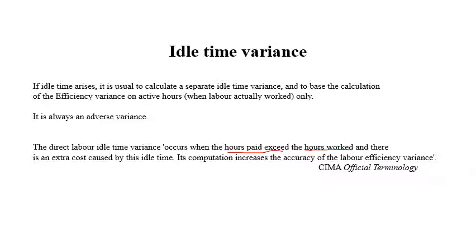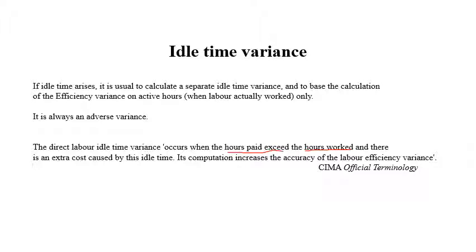So for example, a company may operate a costing system in which any idle time is recorded. Idle time may be caused by machine breakdown, as I mentioned, or not having work to give to the employees, perhaps because of a bottleneck in production or a shortage of orders from customers.